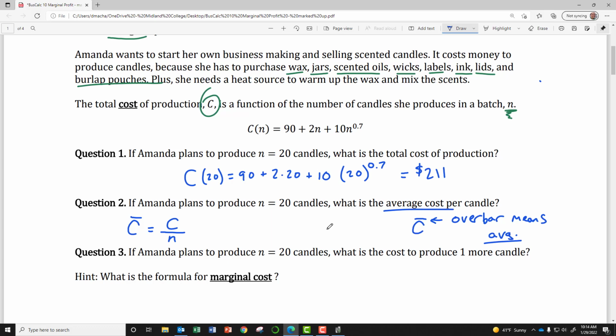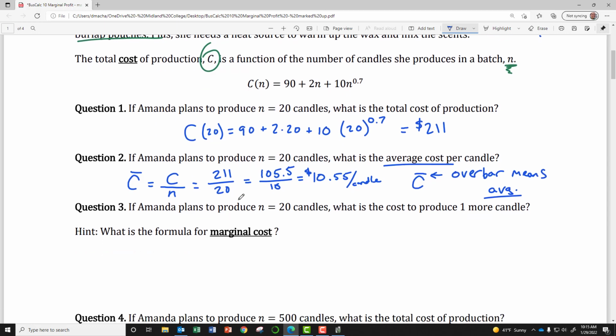So the average cost is going to be the cost divided by n, and so we had a cost of $211, and we had 20 candles. So, taking half of 211, that's going to be 105.5. And then dividing by 10 means I move the decimal, so this is going to be $10.55 per candle. So the cost of production is pretty high. I mean, $10.55 per candle is not cheap.